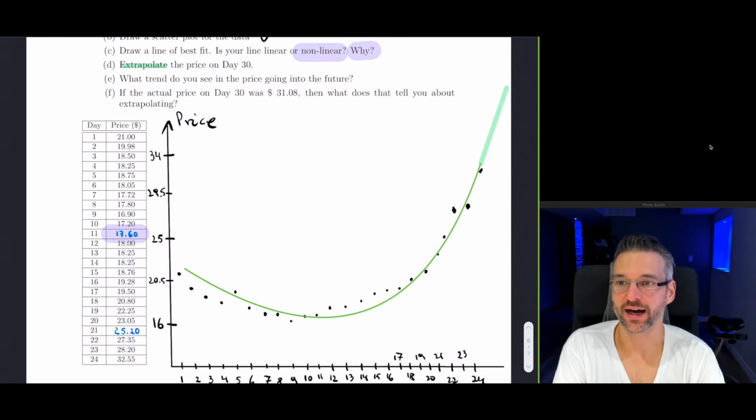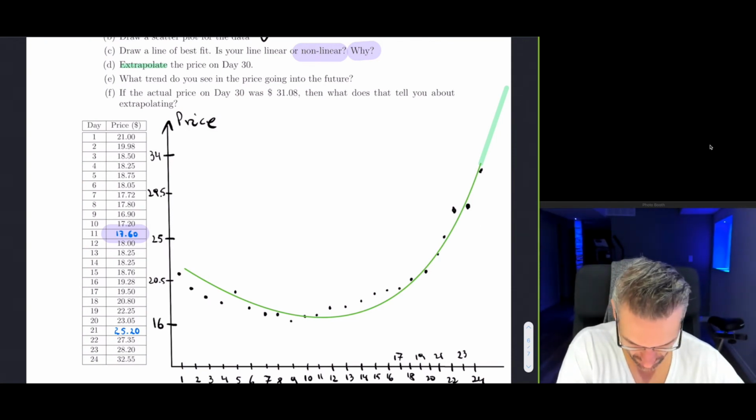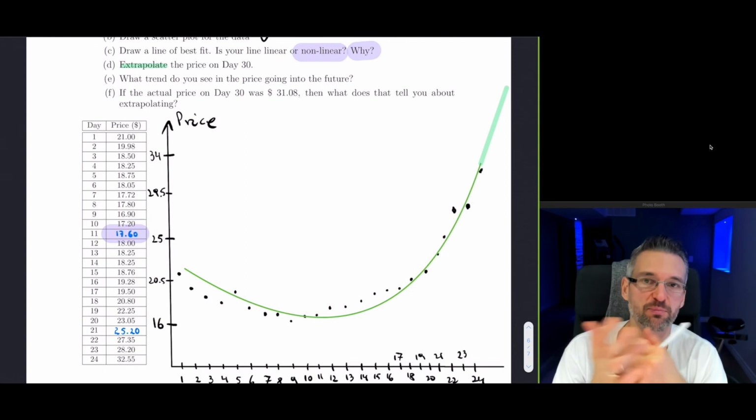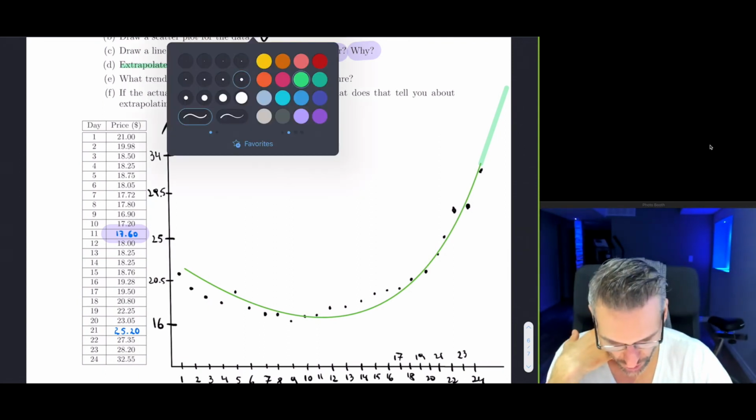Now, for F, if the actual price on day 30 was 31.8, well, that changes things, because 31.8 means it would have dropped. Then what does that tell you about extrapolating? That's the point: students should know and understand that extrapolation is just that.